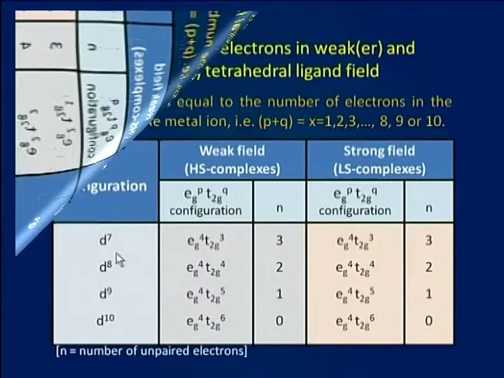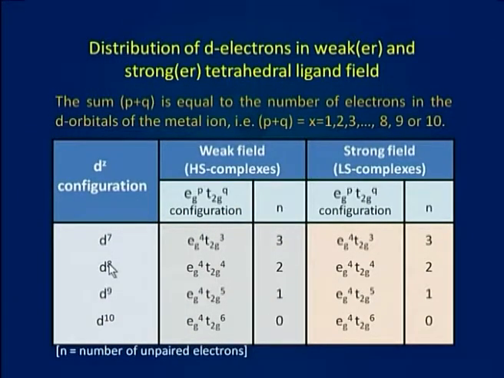For d7, d8, d9 and d10 systems, again the number of unpaired electrons for weak field, that is high spin complexes, and for strong field, that is low spin complexes, is similar because electronic configurations in both the cases are similar.